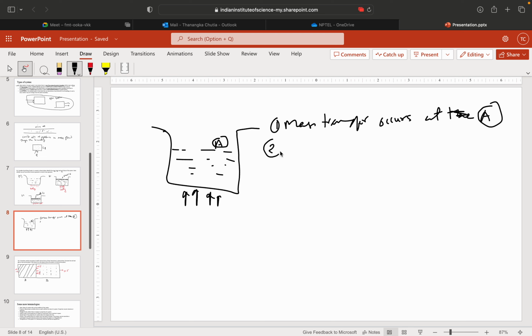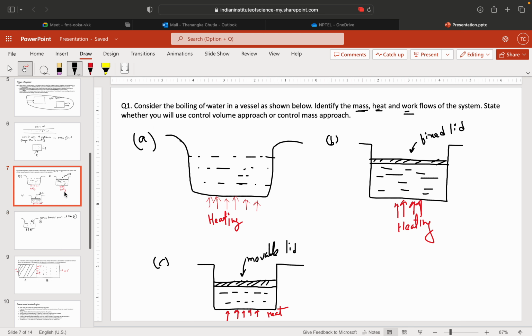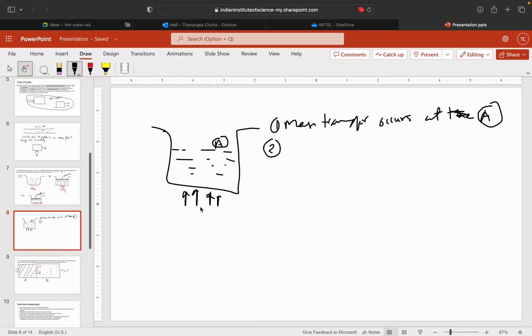Then next is the heat transfer. You are putting input heat from the bottom, so heat is coming from this side. Now heat can flow out through all the lateral boundaries. Since this is a three-dimensional figure, I cannot show it in three dimensions, but even if it was a box, heat would have been flowing out in all directions. Only from the bottom would heat be the input. Have you understood this?